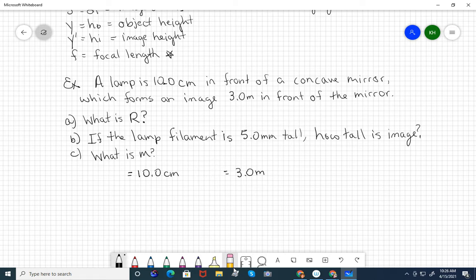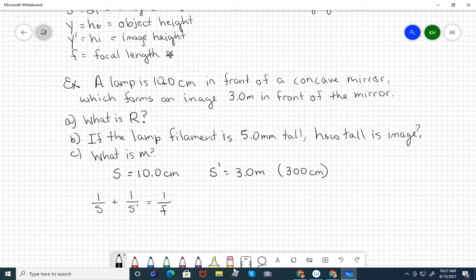Those are used for height. Object distance is S, image distance is S prime. Our equation says 1 over S plus 1 over S prime equals 1 over F. If we find the focal length, we'll know the radius of curvature. But we need units to be consistent. So why don't we let our 3 meters be 300 centimeters?